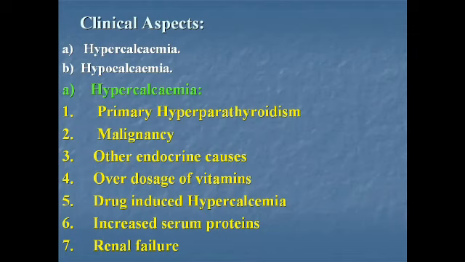Other endocrine causes include hyperthyroidism, acromegaly, acute adrenal insufficiency, etc. Overdoses of vitamins: in hypervitaminosis D and vitamin A intoxication, hypercalcemia occurs. Drug-induced hypercalcemia includes thiazide diuretics.